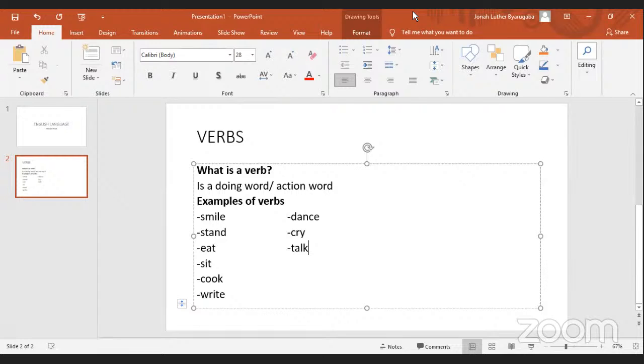I want to pause and allow you to ask questions if there are any. I am looking at the chat. You simply raise a hand and ask a question if you have any before we go any further. Charlotte, is there any question?